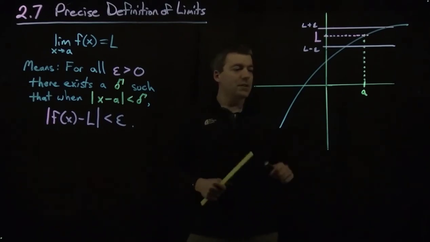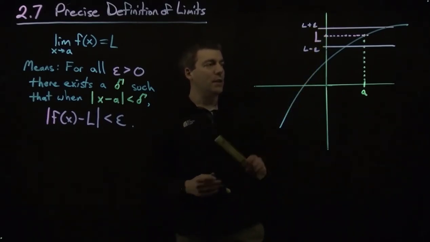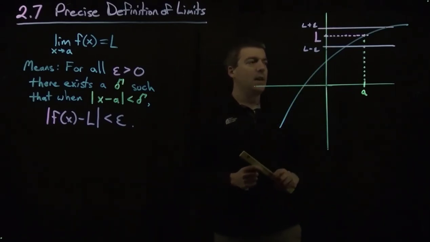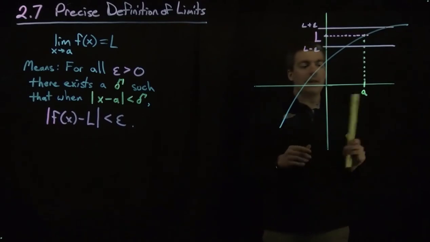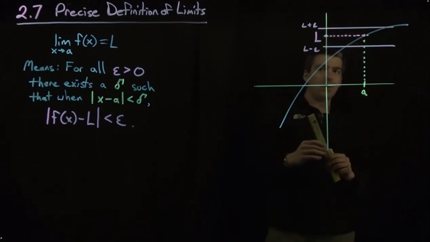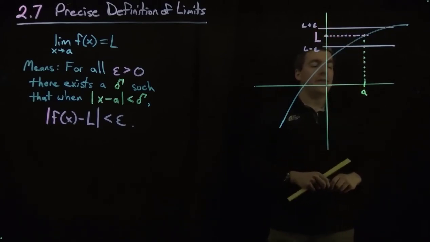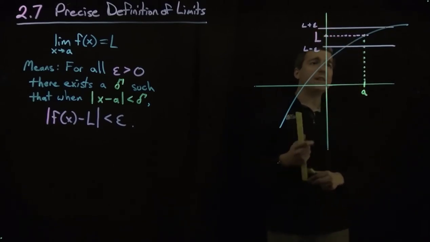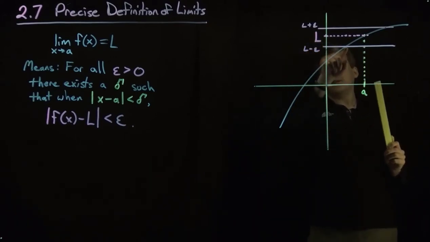So let's go to the graph here. If this is our particular tolerance, epsilon, then we can visualize the delta. That is the tolerance around the input that would allow the output to be within epsilon units of L. And we can see that by the intersection of the curve here with this tolerance line.